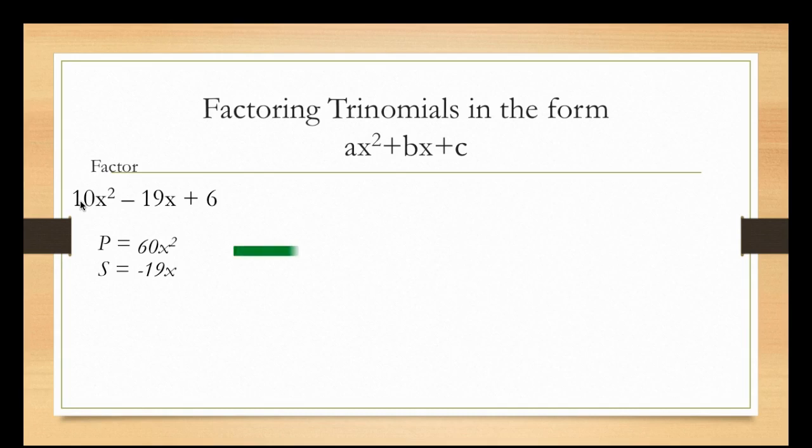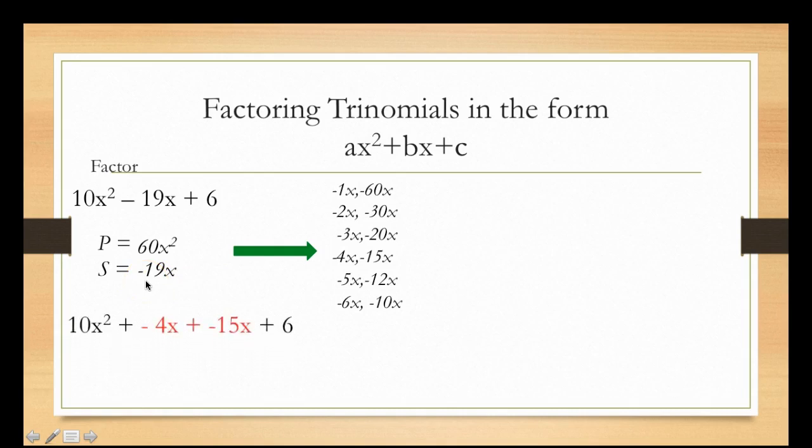So, our possible factors. Because negative 1x times negative 60x is positive 60x squared, and so on and so forth. So now which one of these can we add together and get negative 19x? And that is negative 4x and negative 15x.